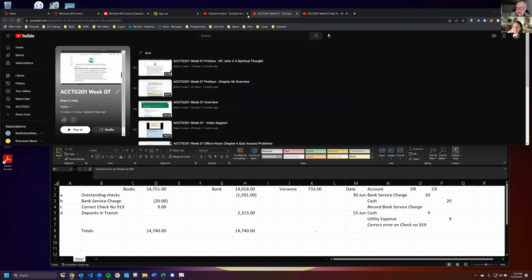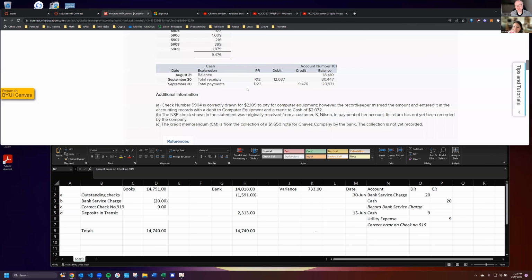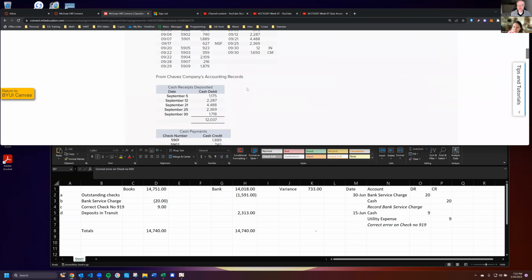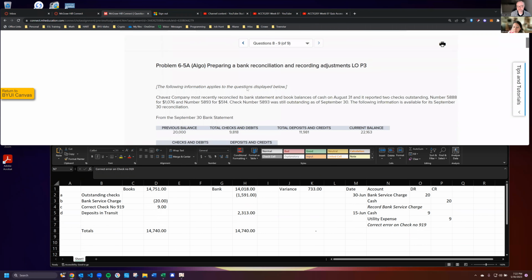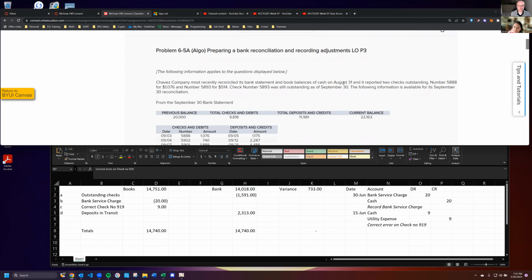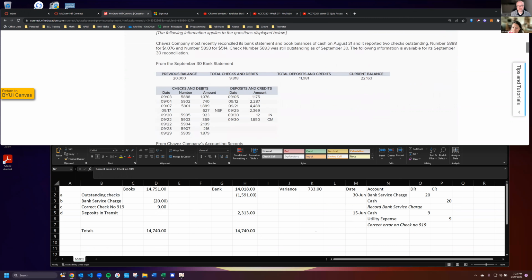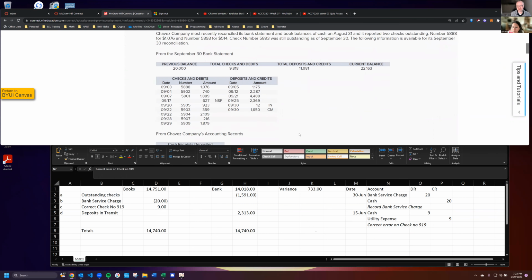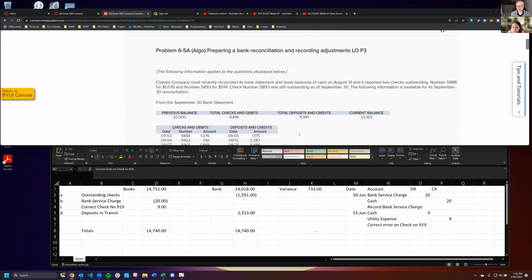Pause me there. Okay, let's go back here. So this one is preparing a bank reconciliation and recording adjustments. Right, this one's a little more complex. The first one is super easy, just 4 transactions. This one, you have to look through all this information and figure out... oh, I did do it.